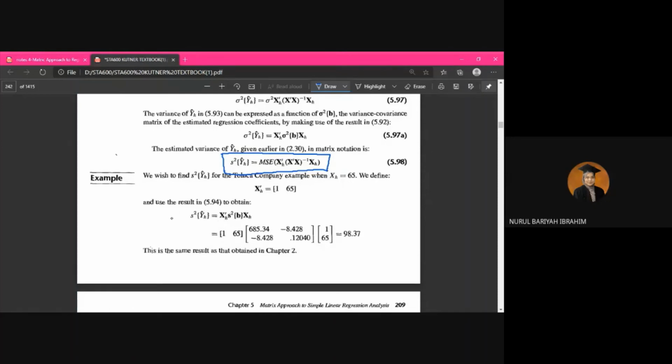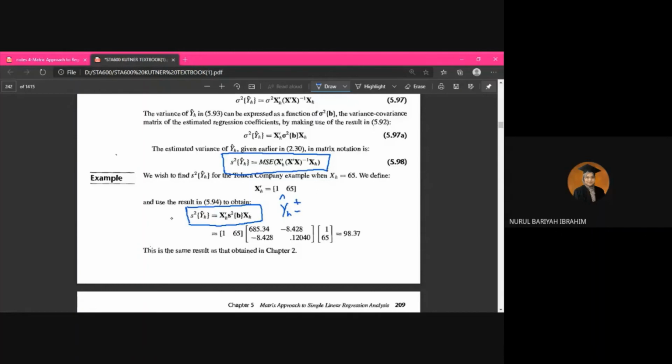Actually there are two ways. Either you use the MSE here, multiplied by the X transpose X inverse in the middle, or, if you have the variance covariance matrix, you can use this. Using this formula, you can get the value of the variance of the mean response.